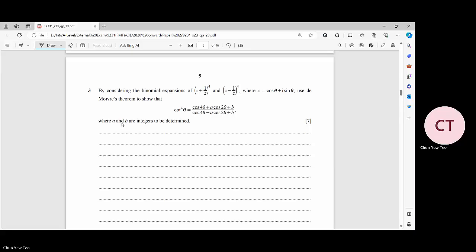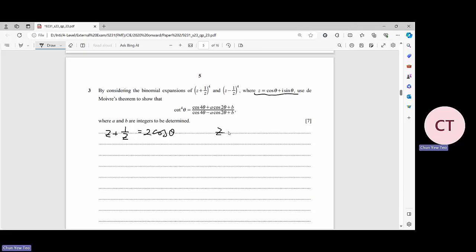Okay. So now, question number 3, complex number questions. This question, they want you to use a binomial expansion to expand these two, and then after that, use de Moivre's theorem to show this. Actually, when you see these kinds of questions, you need to mention that if z is equal to cos theta plus i sine theta, then you need to know that this one will become 2 cos theta.